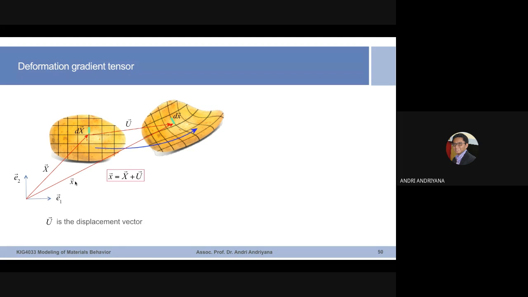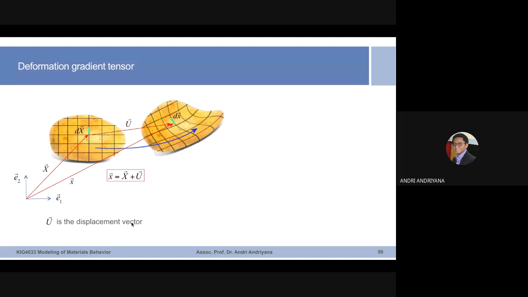And then I can link the two: the vector corresponding to the position at the deformed state is simply the vector of the initial position plus this vector u, which is called the displacement vector. Okay, so this is the link between capital X vector, small x vector, and the displacement vector u.